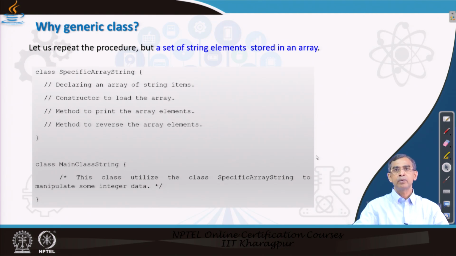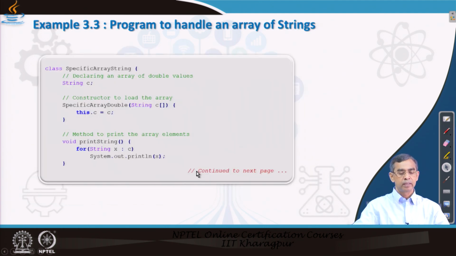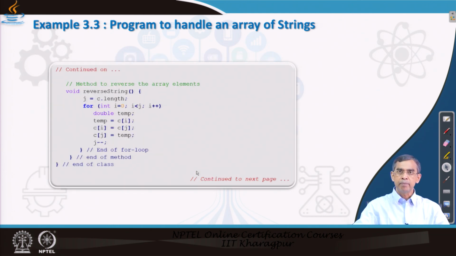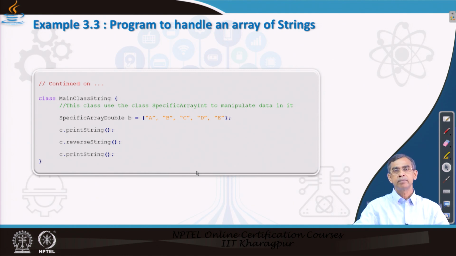Again, if we want to repeat it for arrays of string, then it is the same structure of code, the same reverse method, and then a similar kind of execution of the method using a driver class here.